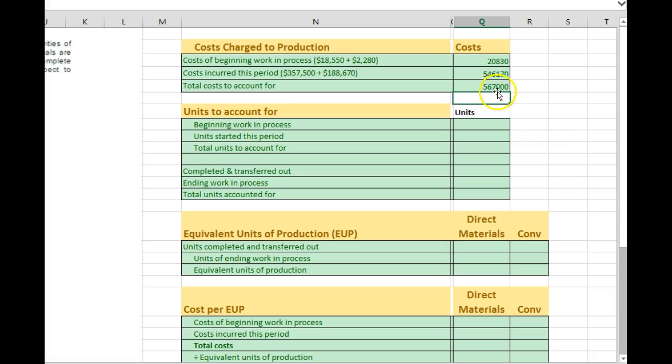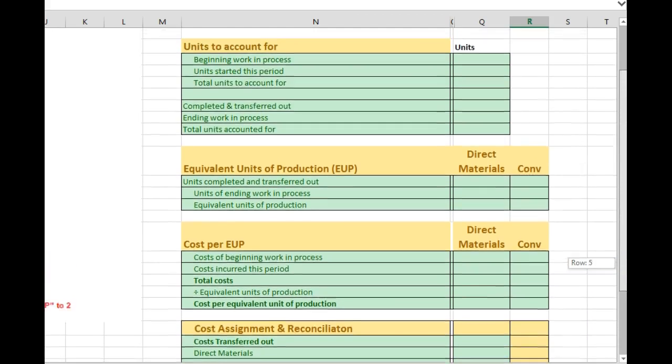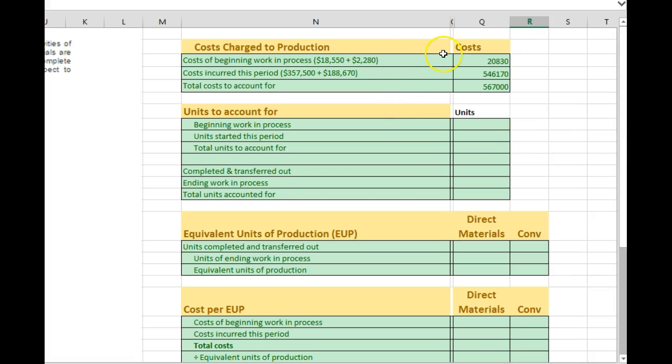This is the number we're reconciling to. When we get all finished with this, the number right down here, total cost accounted for, should be $567,000. So if we go back up, we've got the scene set, so to speak.